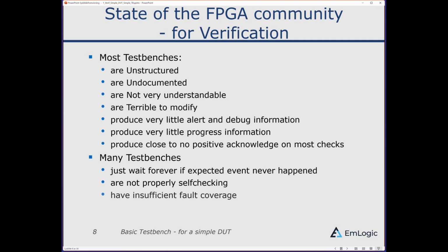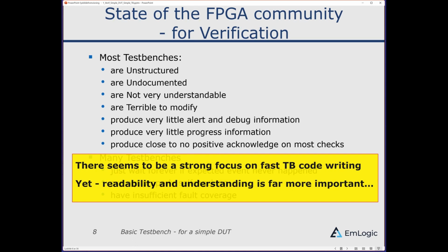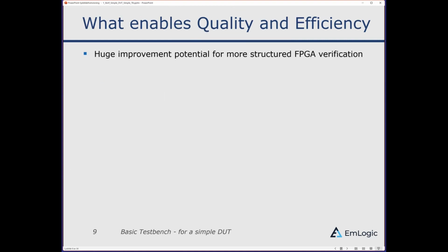They produce very little progress information, which is also important for debugging. They produce close to no positive acknowledge on most checks. And lots of test benches basically just wait forever if an expected event never happens. If you're waiting for an interrupt, and that interrupt doesn't occur, then your test bench is just standing there waiting, and you can wait for hours, days with nothing happening, and you have absolutely no idea why it's not progressing.